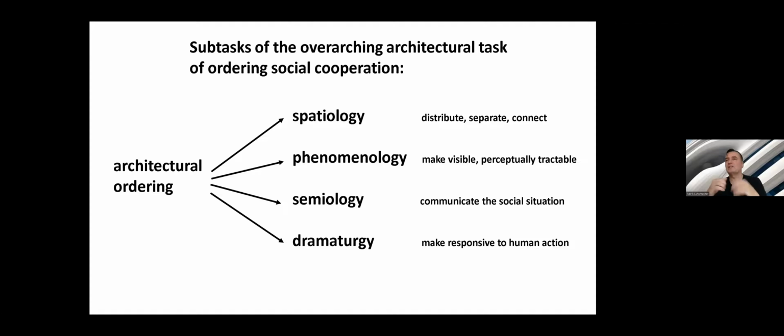That's the simple things like you can open doors and windows and shift screens and draw curtains and switch on the light and shift around furniture, etc. So that's an important part, and obviously there's enormous potential to upgrade this with computational empowerment. And in the internet and in the virtual spaces, this dramaturgy becomes much more important than it is in the physical world.